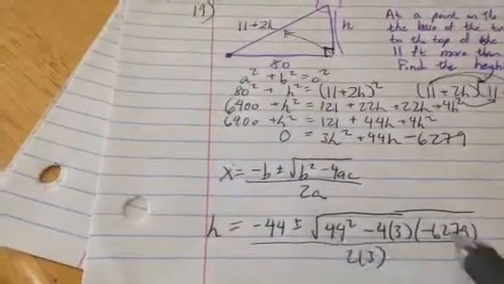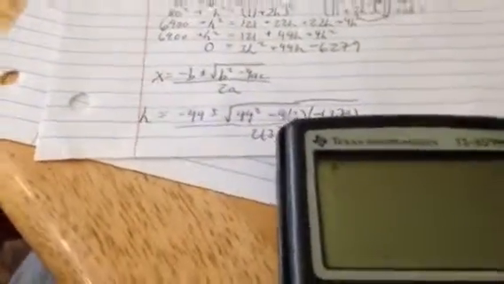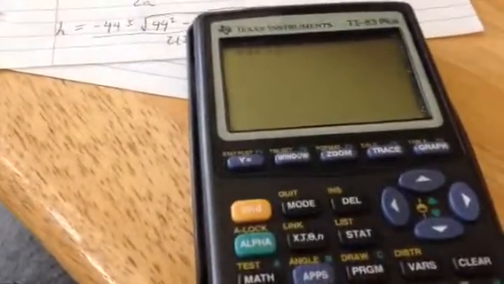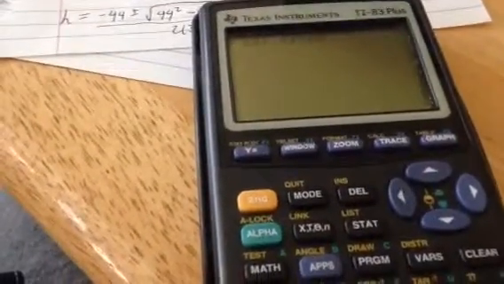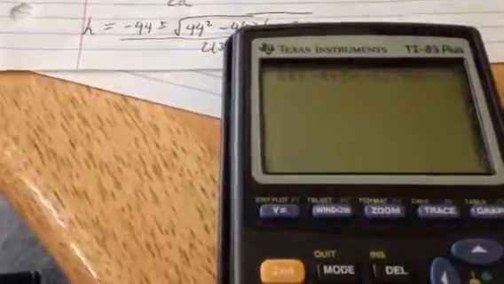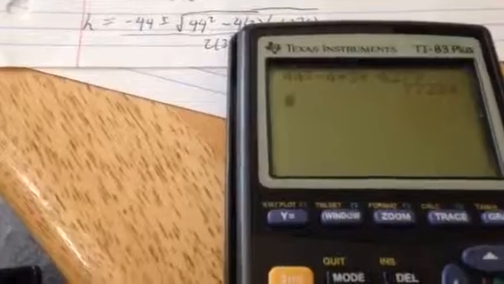And so now I'll work this part out on my calculator. I'll just have it do that all at once. So I'll do 44 squared minus 4 times 3 times negative 6279. So I get 77284.